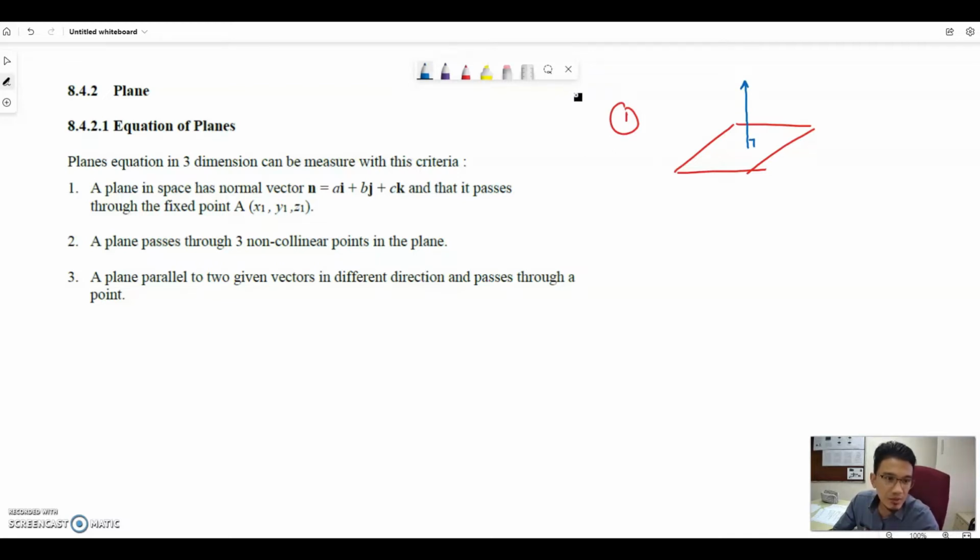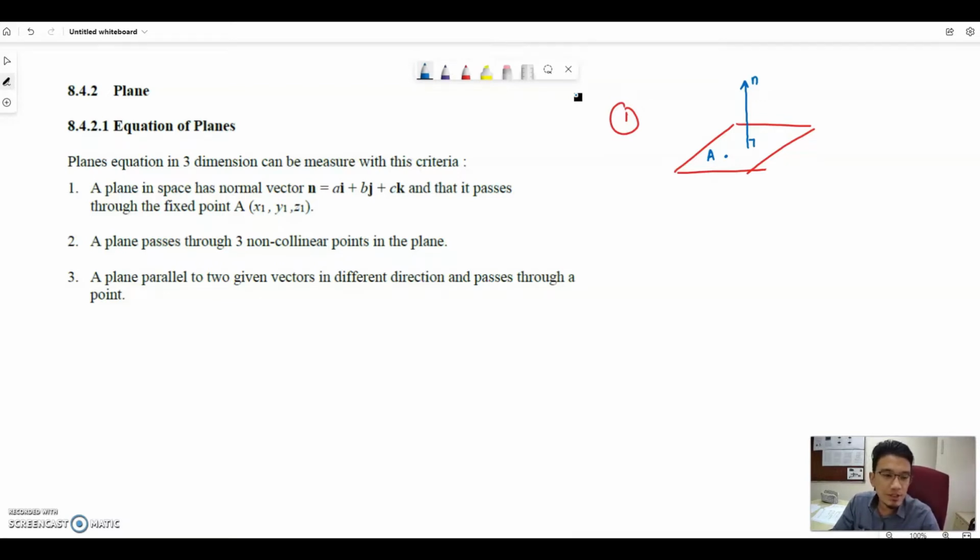This normal vector is represented with a vector n, in the direction of 90 degrees coming out from the surface of the plane, and it passes through a fixed point A, which means fixed point A is actually any point on the surface of the plane.